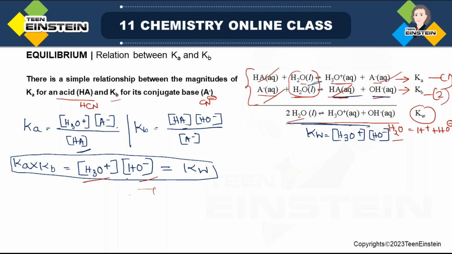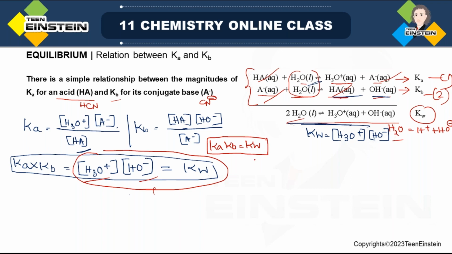So just focus on this part. Ka times Kb equals Kw, that is fine. Remember this expression. Another one: if I take the negative log for H3O+ and HO-, then since it is in multiplication form, when I take the log, it will be a plus.